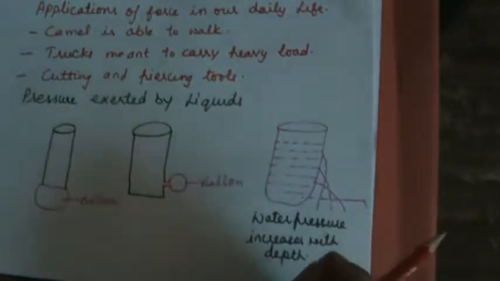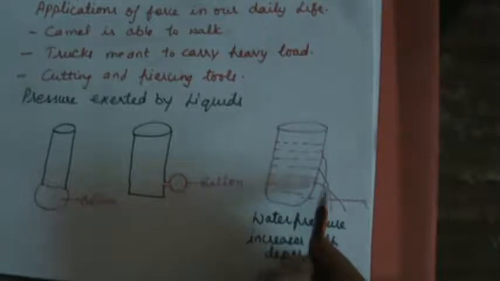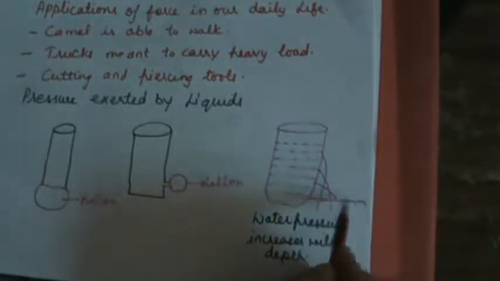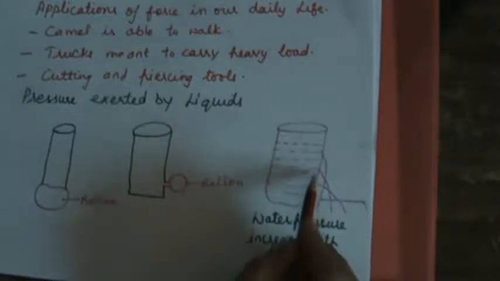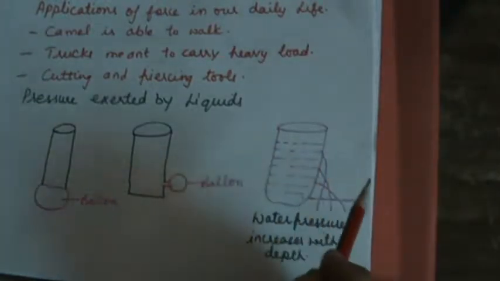You will notice that water comes out with a greater force from the holes at a greater depth. The water comes out with a greater force at the depth, and this force decreases as the height increases. This shows that the pressure in the liquid increases with increasing depth.